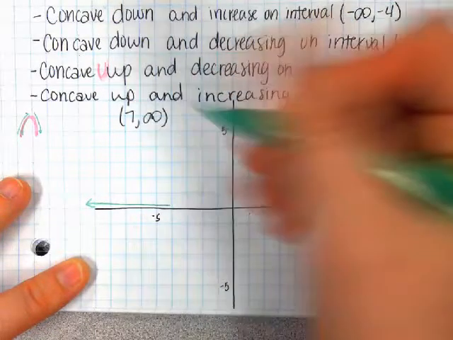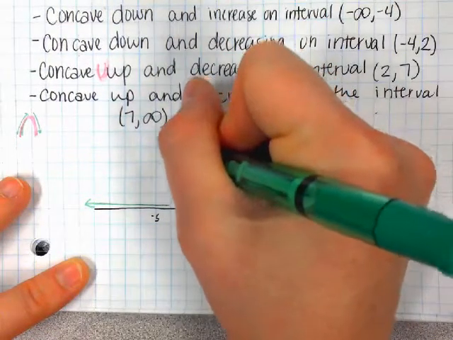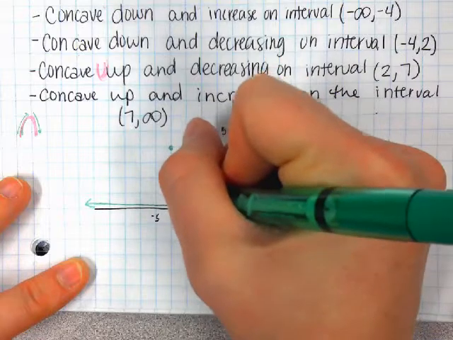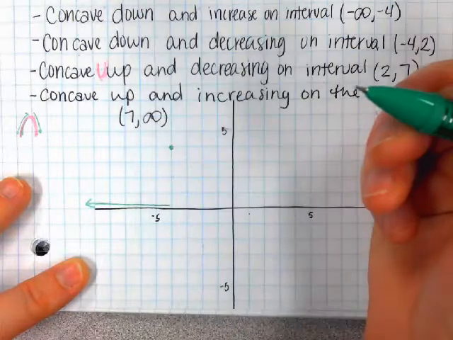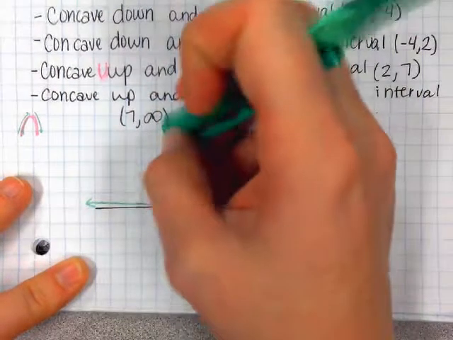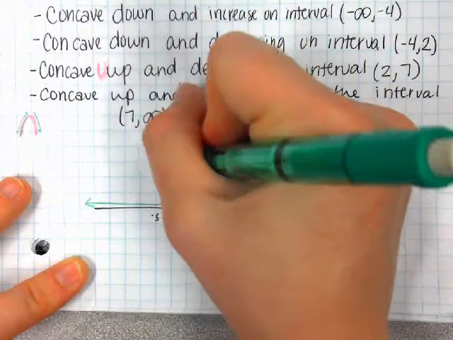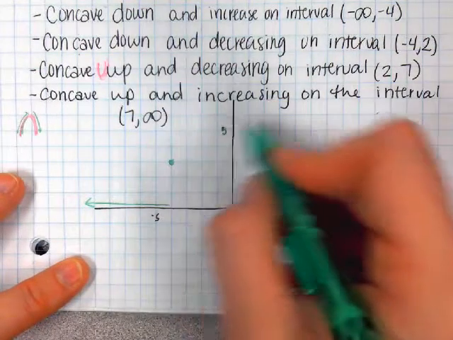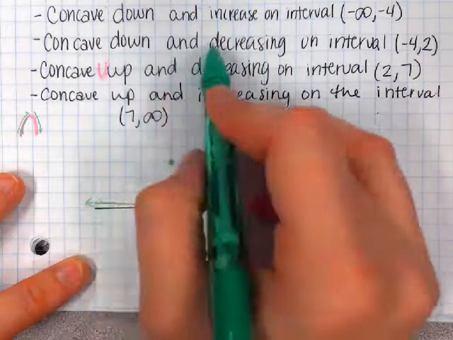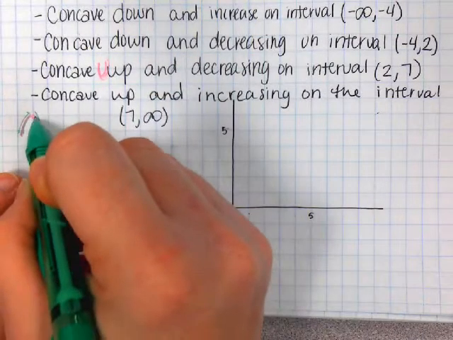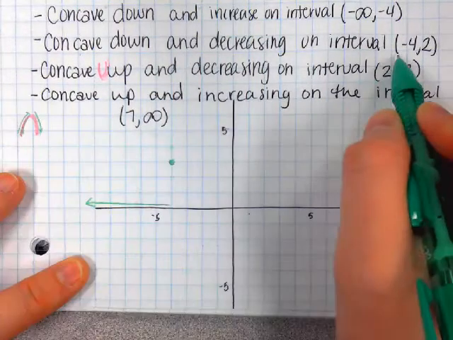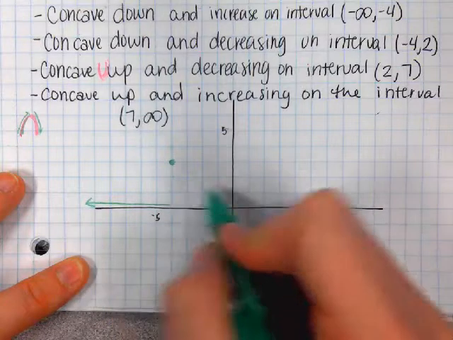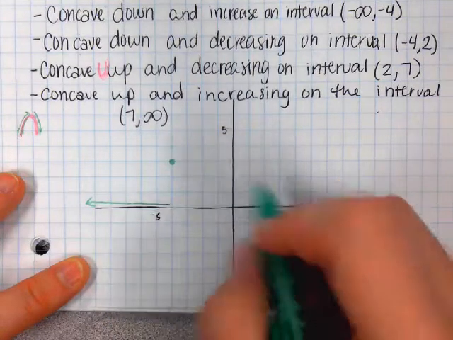It doesn't matter where you put your point, I'm just going to put it there. That's at -4, 1, 2, 3, 4. Now I'm going to put it at 3 just because I don't want that 4 to be confused. So it doesn't matter where. And then it's concave down but decreasing, so it's this side of it, from -4 to 2, 1, 2.